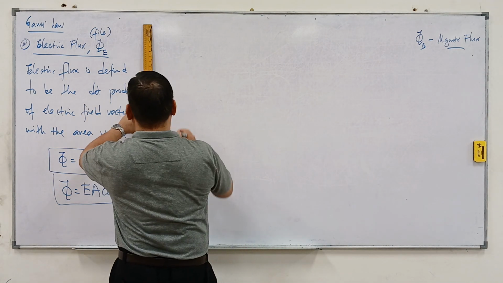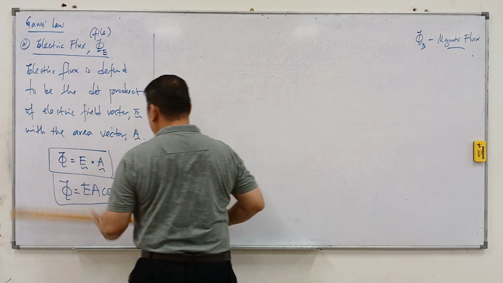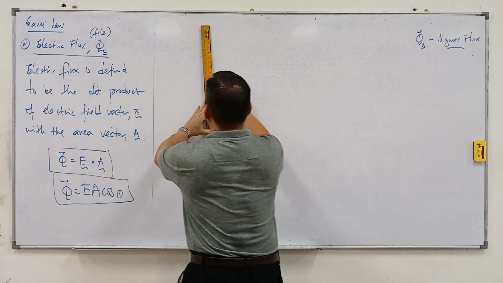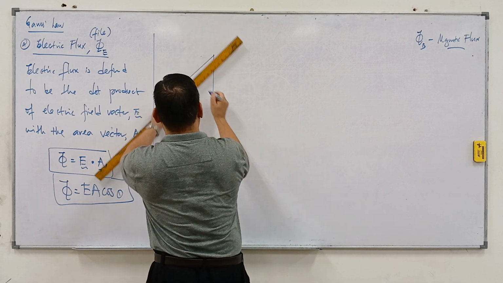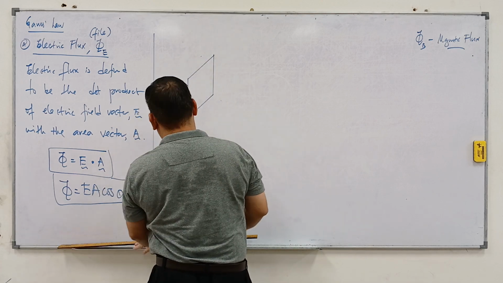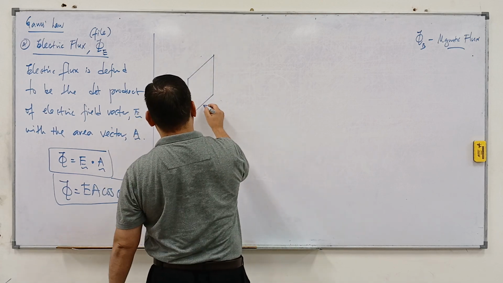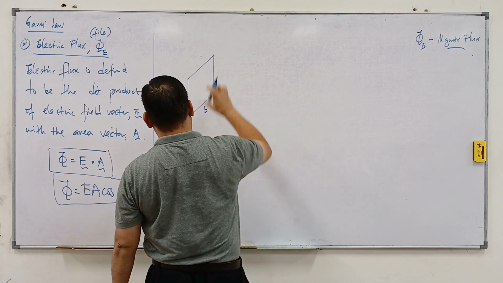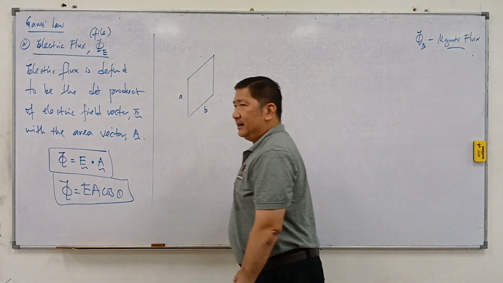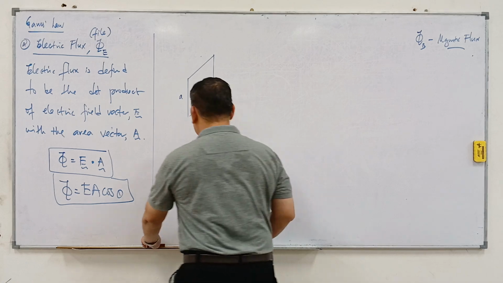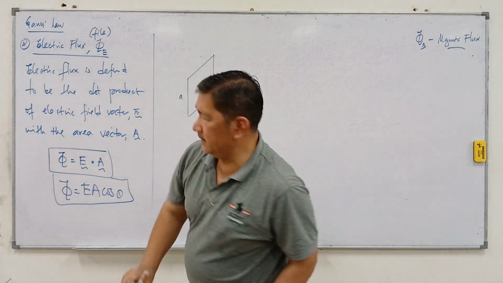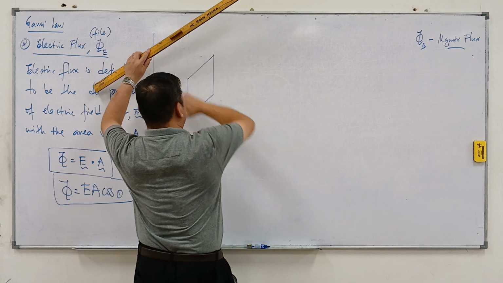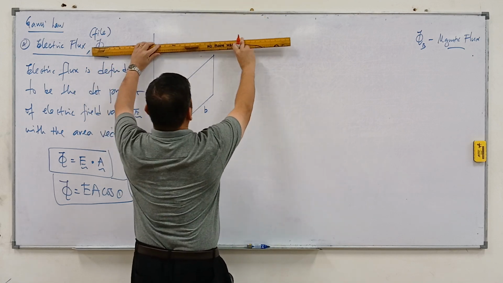Now we are going to look at what it means. Let's assume we have a surface area, that big. The side is A, the width is B. Now we place this surface area inside an electric field. The electric field region is larger than the surface area.